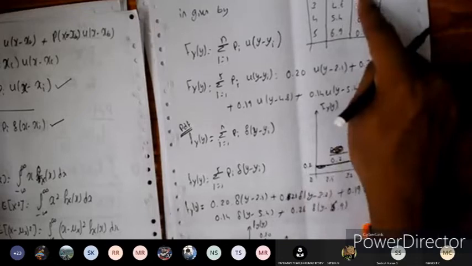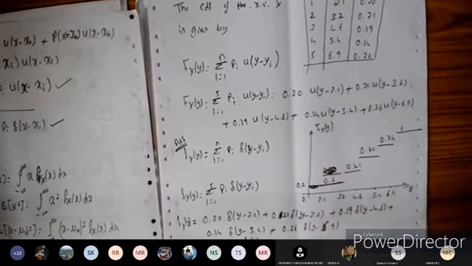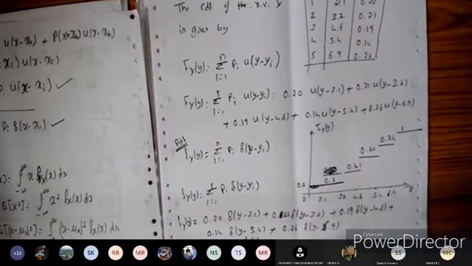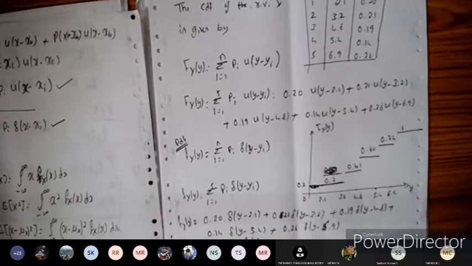At y equals 4.8, 0.19. At y equals 5.4, 0.14. At y equals 6.9, it is 0.26 here.